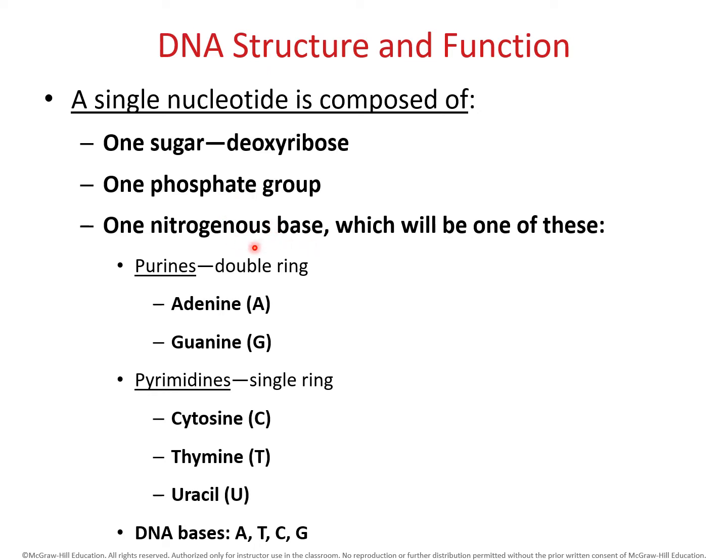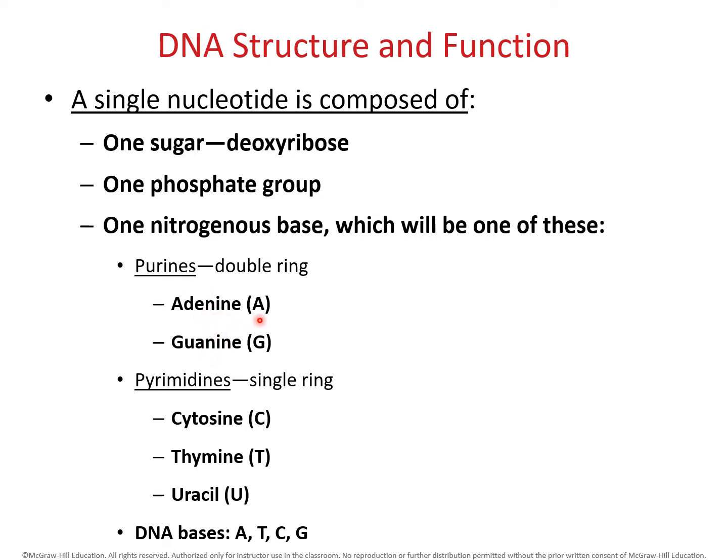Now, the nitrogenous base can be one of 4 different types. The nitrogenous bases are classified into 2 different groups: purines and pyrimidines. There are 2 nitrogenous bases classified as purines: adenine and guanine.